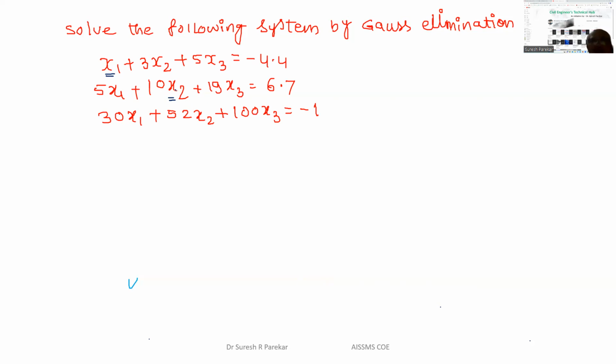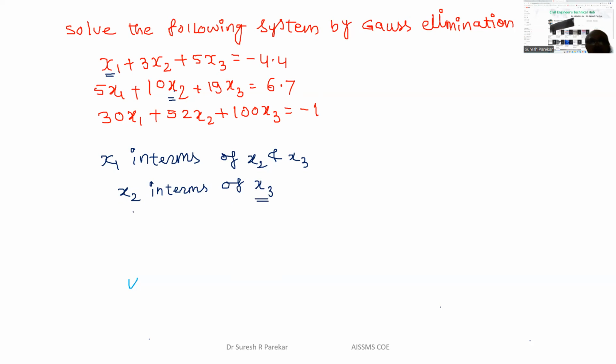Means first we will find x1 in terms of x2 and x3, and then we will find x2 in terms of x3, and then we have only an equation in terms of x3 only, and then we will have the solution of this equation.